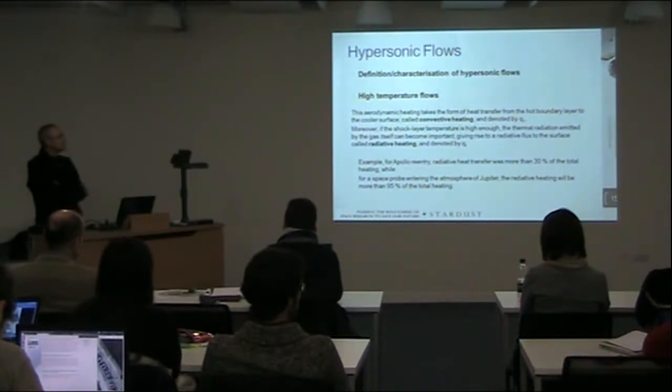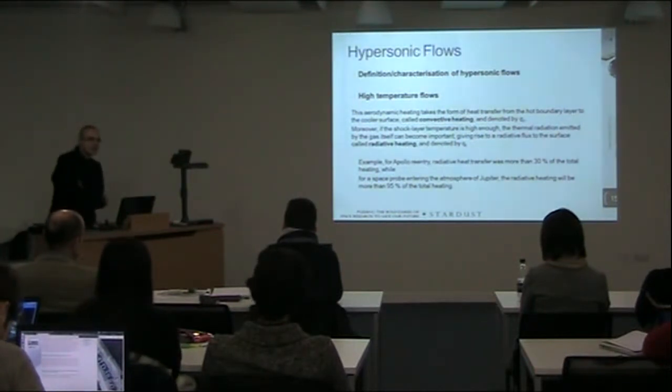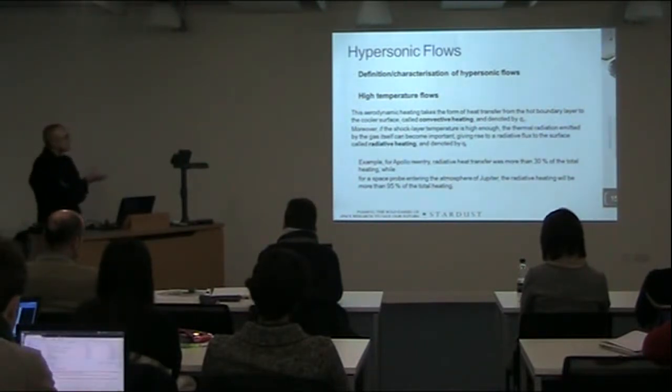Depending on the characteristics of the atmosphere and on the speed, you can have different portions of convective heating and radiative heating.